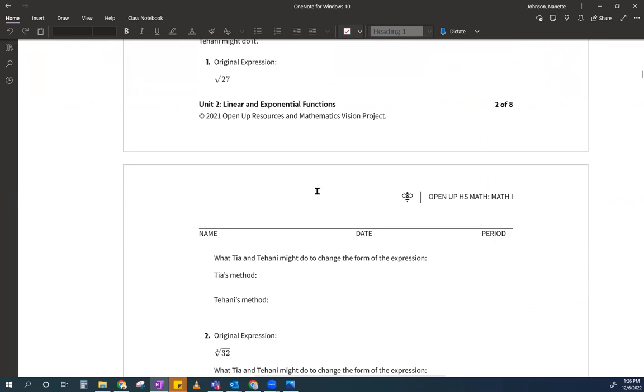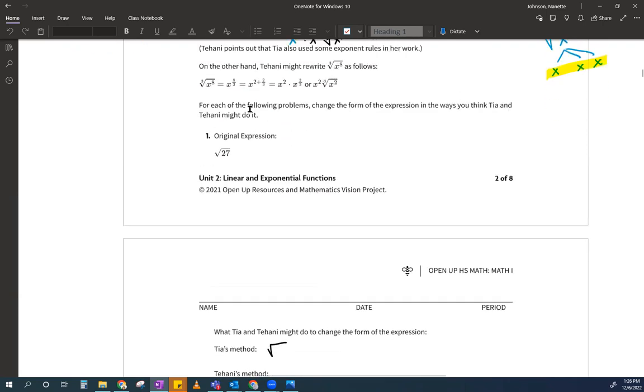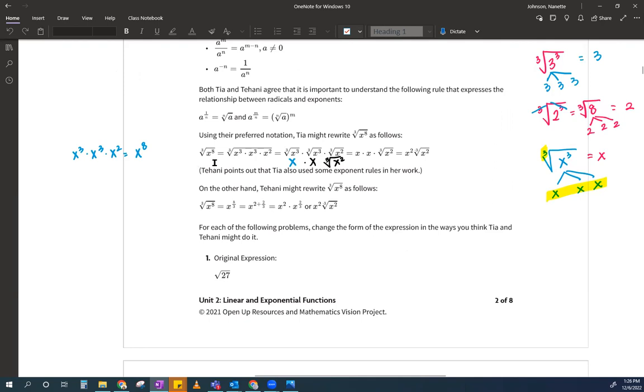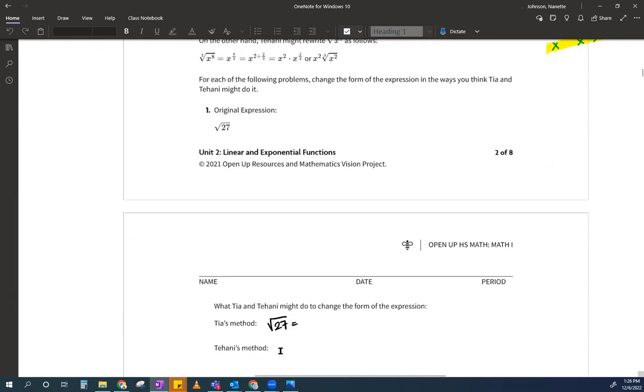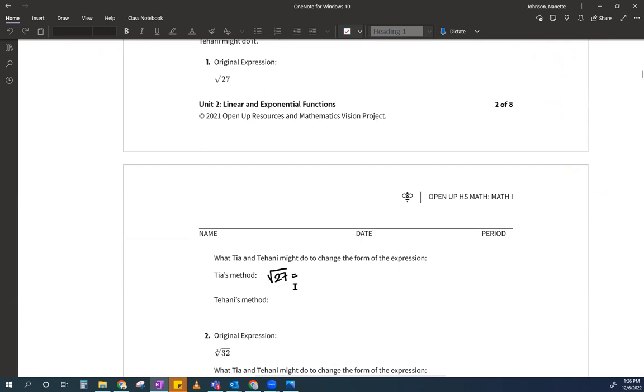So we're going to do the square root of 27. And if you remember Tia's method, she stays in radical land. So she's going to rewrite this using radicals. Okay, so the first thing that I want to do is break 27 up into its factors. So can someone break 27 up into its factors for me? 27 equals what times what?